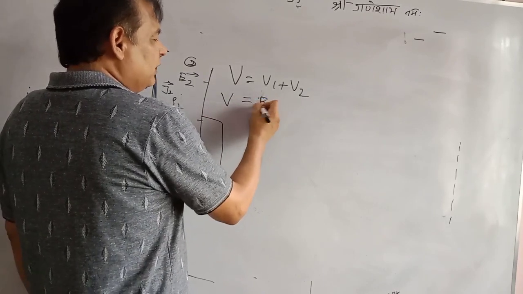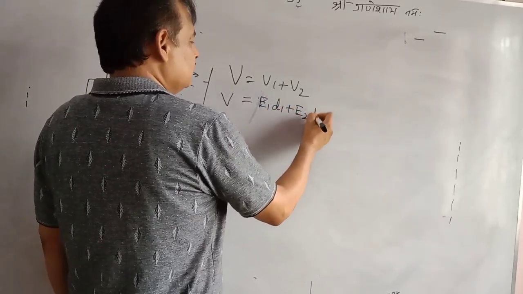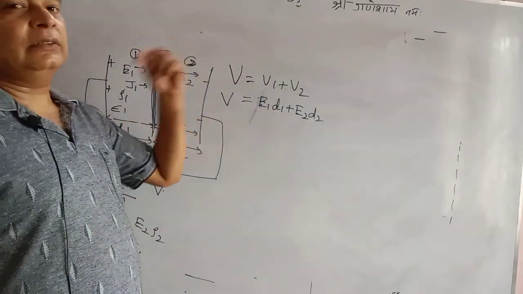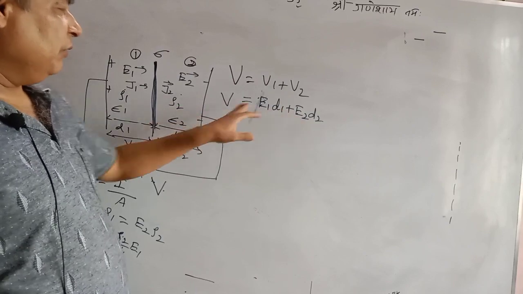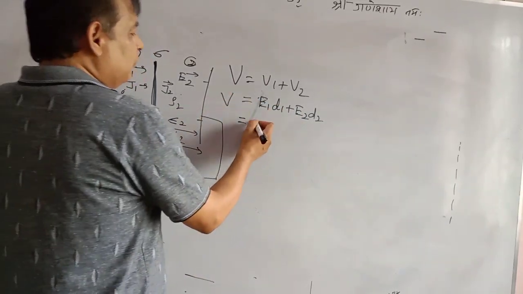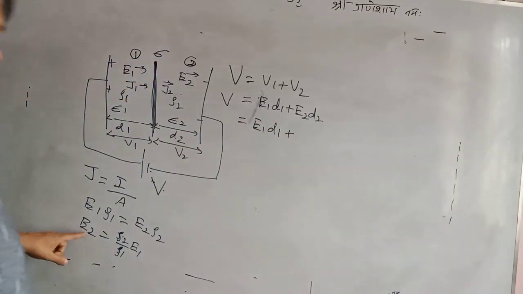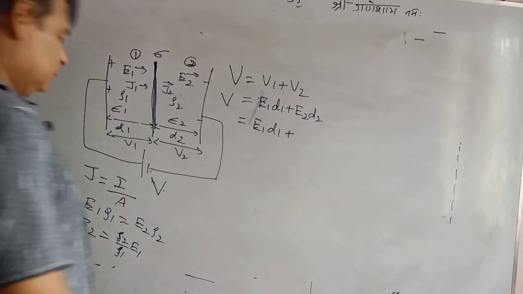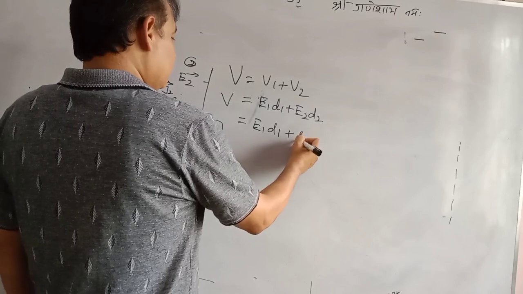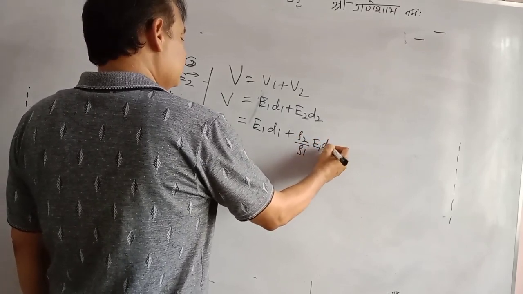V1 plus V2 is E1 d1 plus E2 d2: electric field times thickness gives potential difference, and the sum of these two will be V. We can write E1 d1 plus E2 d2, where E2 can be substituted by this value, ρ2 by ρ1 times E1, times d2. You all know?